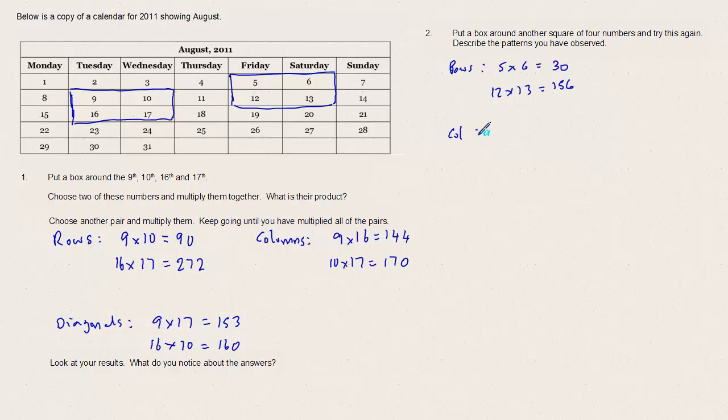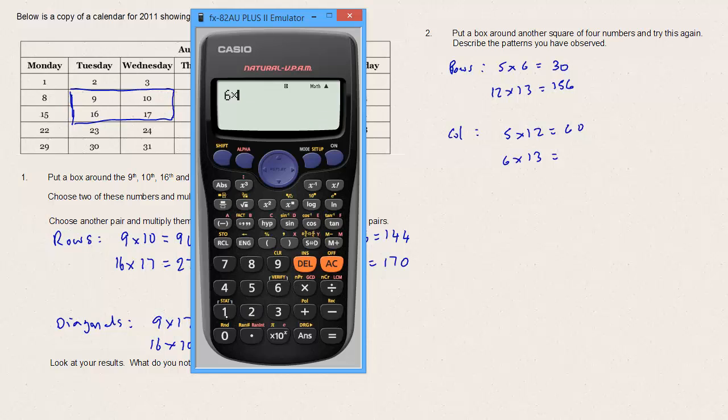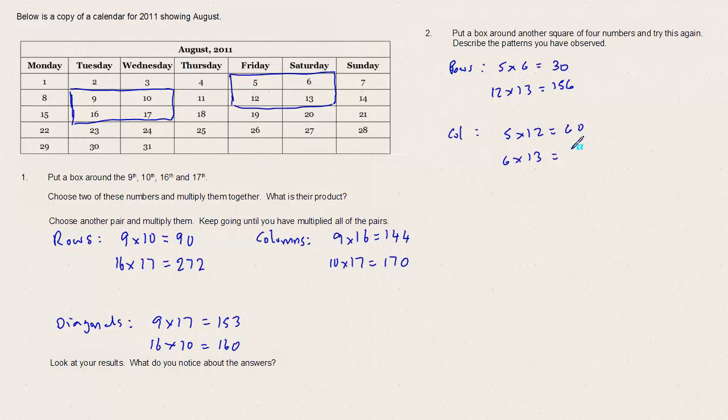If we go for the columns, we've got 5 times 12, I know that's 60, and we've got 6 times 13, so 6 times 13 is 78. And if we then go for the diagonals, I've got 5 times 13, which I believe is 65, and 6 times 12, which I know is 72.